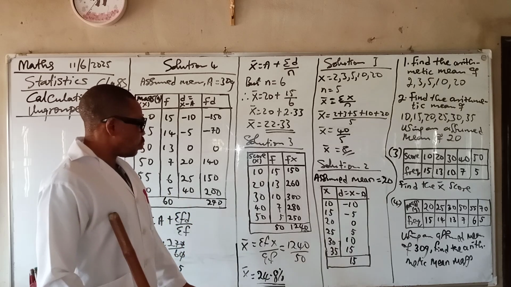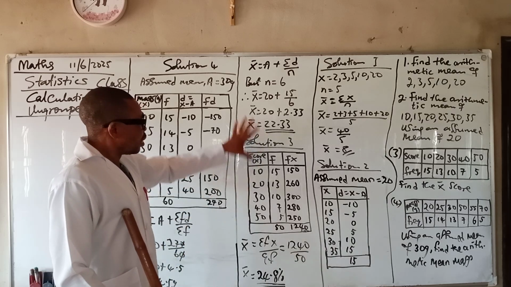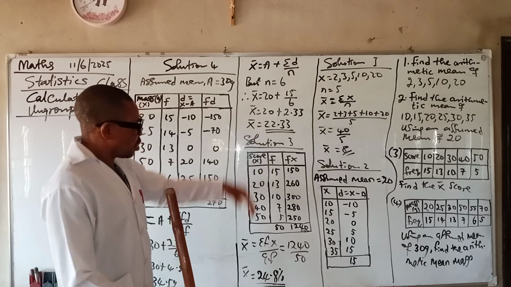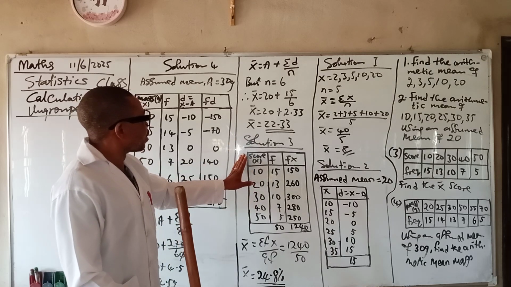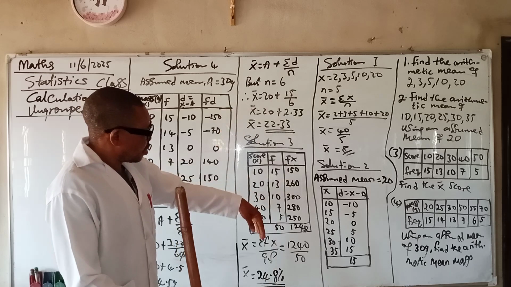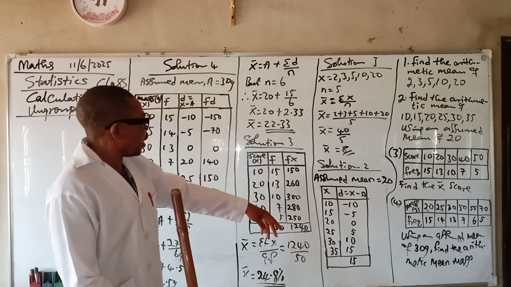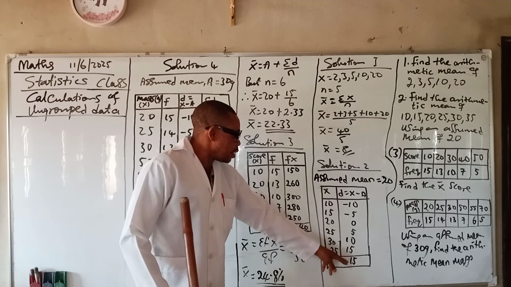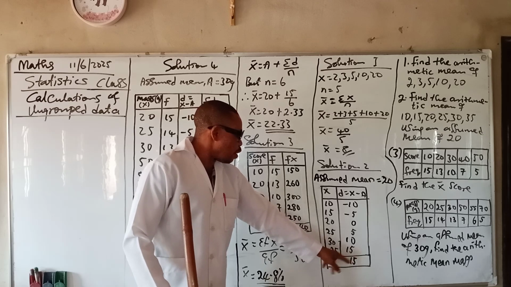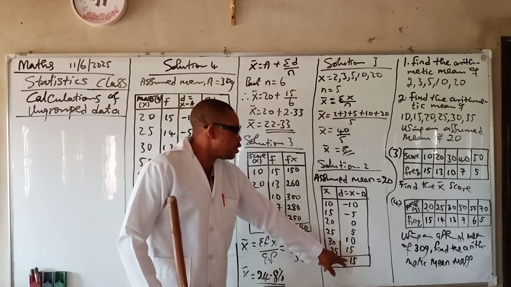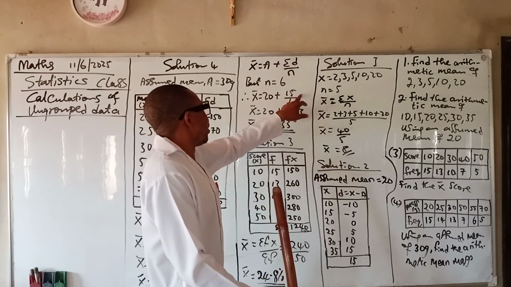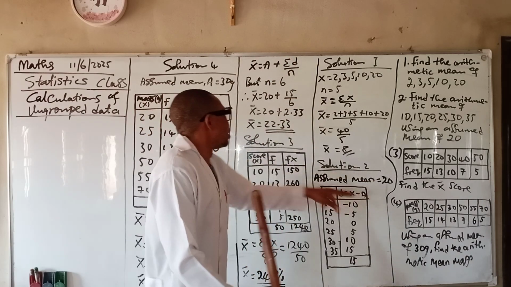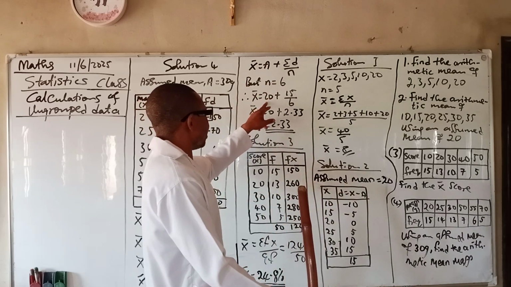Okay. Then we now have the calculation. We carry the total sum of d, which is 15, to replace summation d here. We use 20 to replace a.